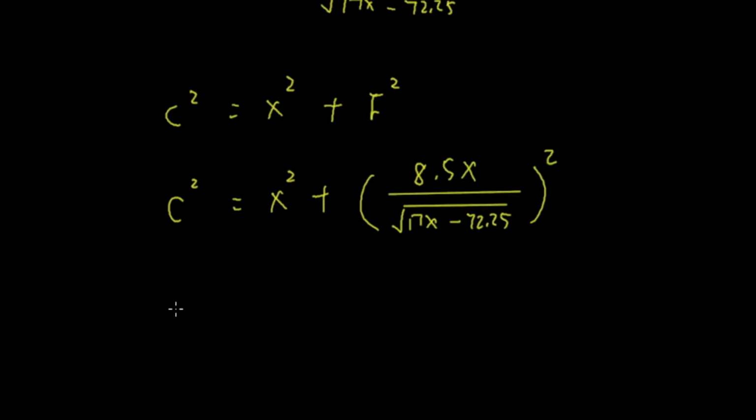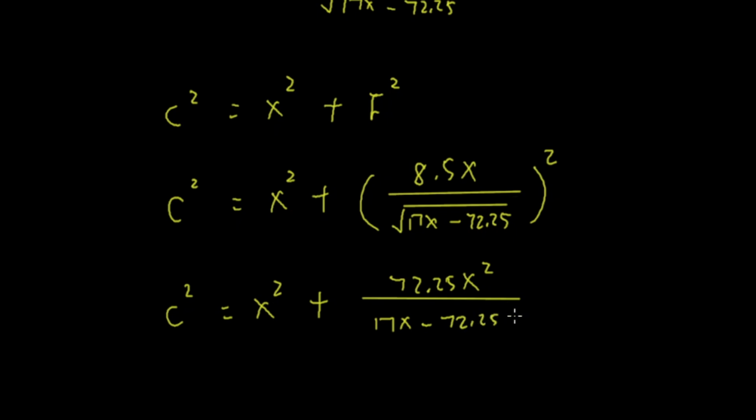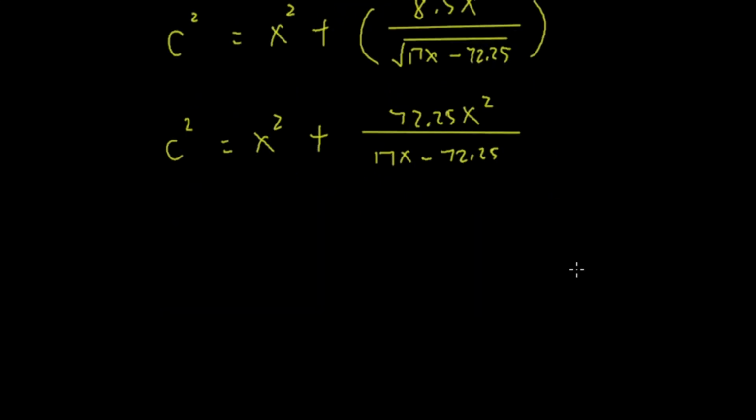Okay, so c squared is equal to x squared plus, now this square is 8.5 squared, which is 72.25 x squared over, now this square, right, we'll just get rid of the square root, so it's 17x minus 72.25. Now the next thing is find the common denominator for this so that we can group this together.